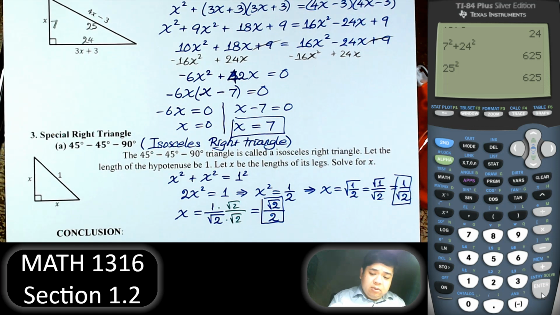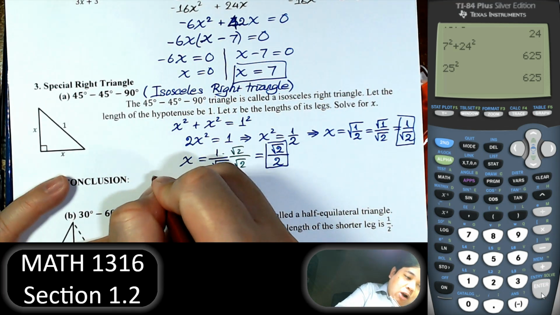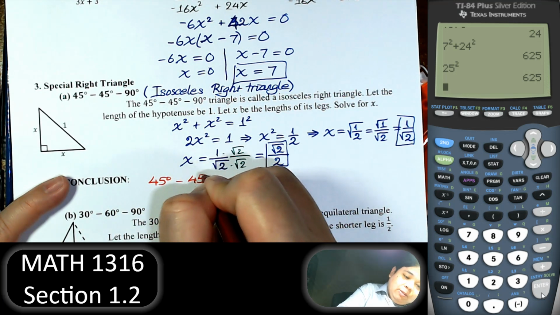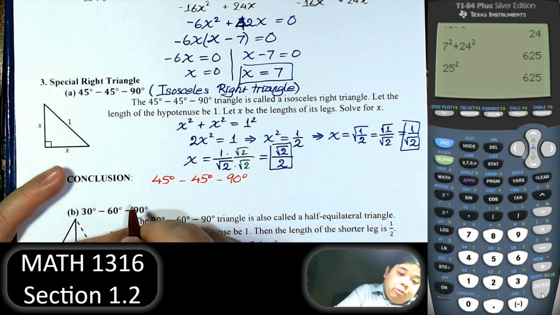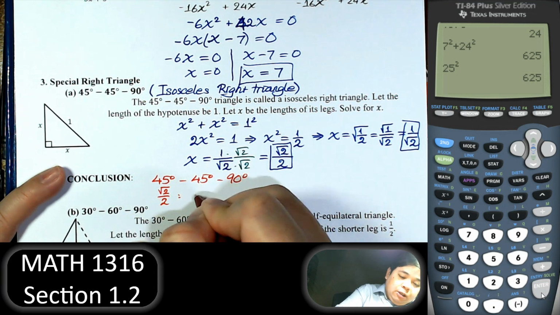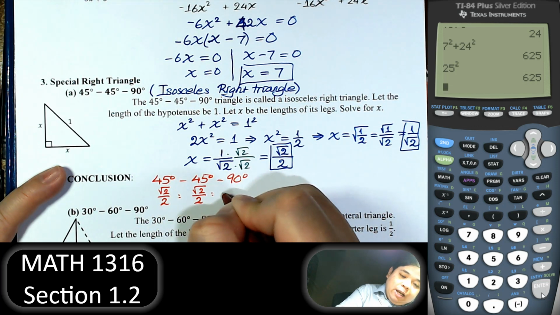So the conclusion, I think, is a little better written like this. Opposite to the 45-degree angle, 45-degree angle, and 90-degree angle, the sides will be proportional as square root of 2 over 2, square root of 2 over 2, and 1.